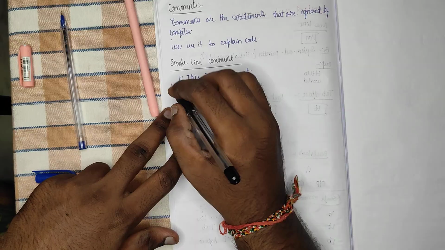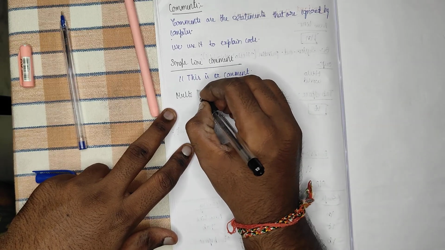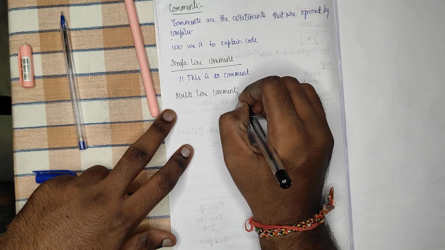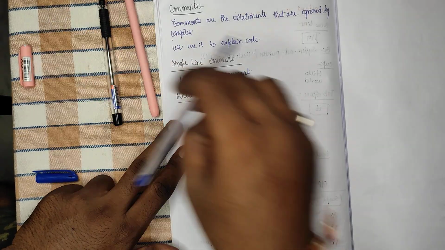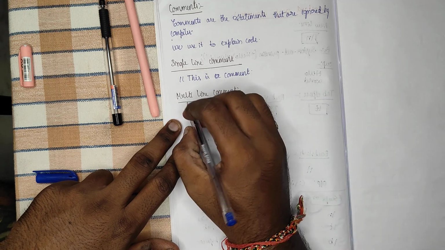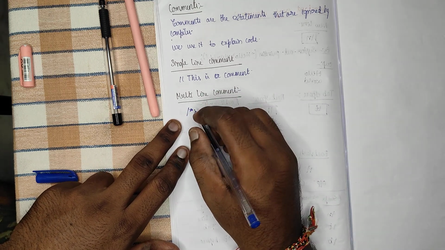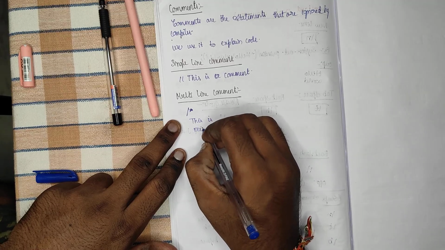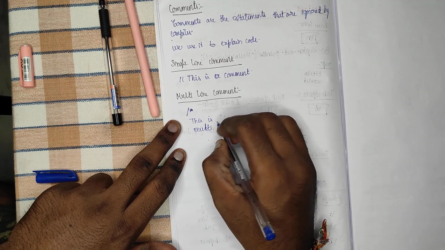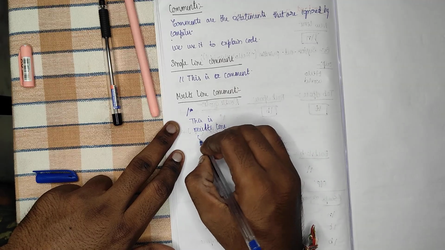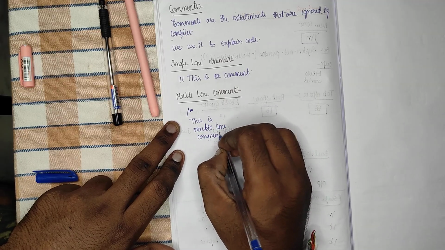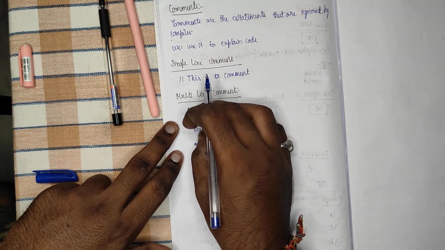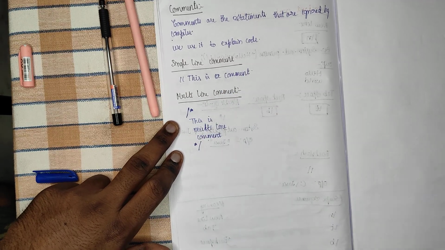Now multi-line comment means you have to do it like this. This is the format: slash star, the matter you want to write, and star slash.